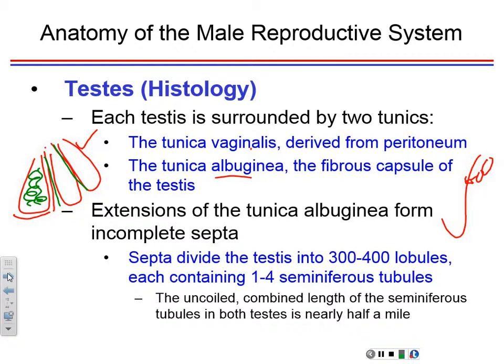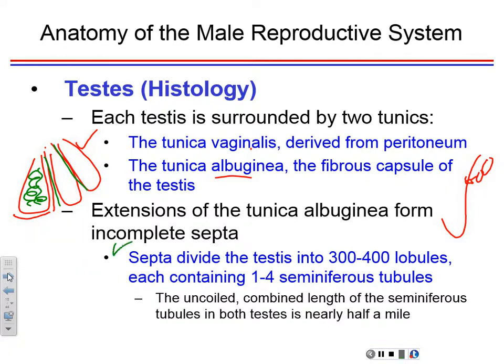If you take the seminiferous tubules from the left and right testes and string them into a length, it's about half a mile of seminiferous tubules. That's long, right? That's where you produce a whole bunch of sperm. Okay? So the septa divide it into about 300 to 400 lobules, with 1 or 2 seminiferous tubules in there.